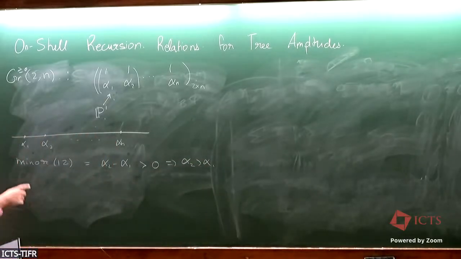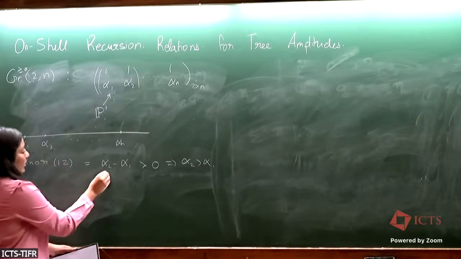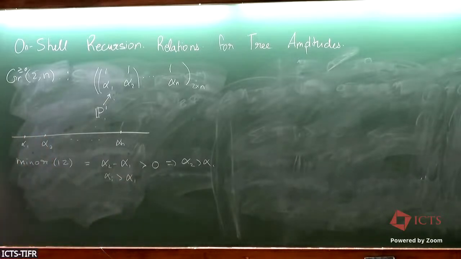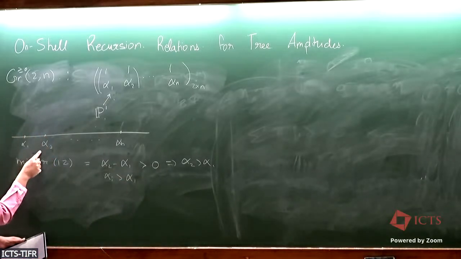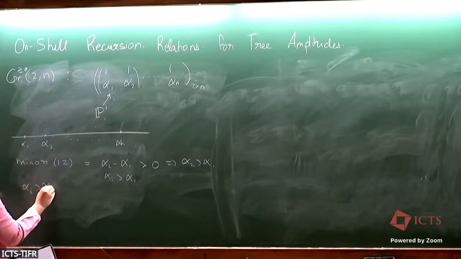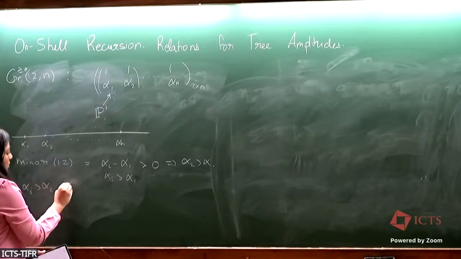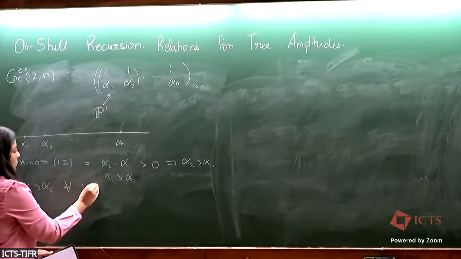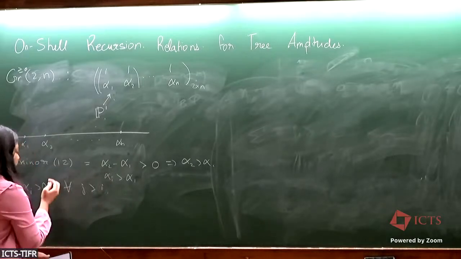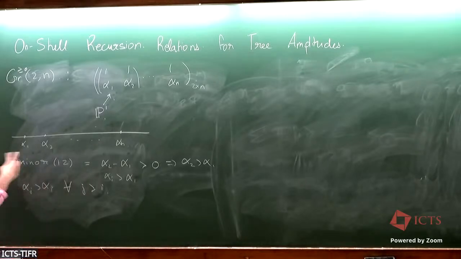And so then you see that, given that this needs to be true, any of the alpha i actually has to be greater than alpha 1, right? So that tells you that all of these must lie on one side of alpha 1. And you can do that again. So then you can say that alpha j needs to be greater than alpha 2 for all j greater than 2, right? And I can replace 2 by i, like this. And that tells you that these are just points on a line and they are ordered.